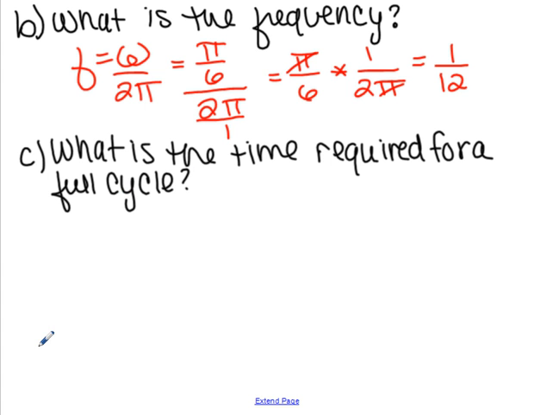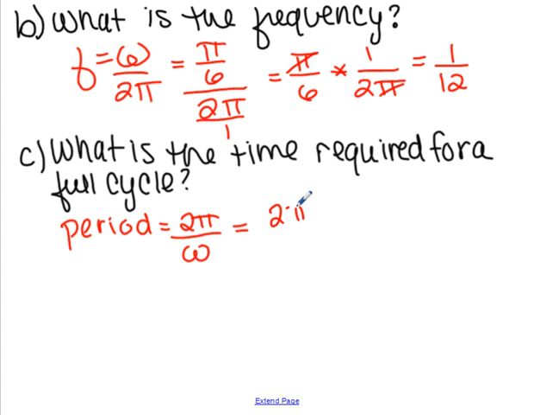So let's check. Before we said that the frequency is the reciprocal of the period. So I can either use this to find the time for a full cycle, or I can just use the formula for period, which is 2 pi over omega. So let's try it and then compare it to the reciprocal of 1/12.